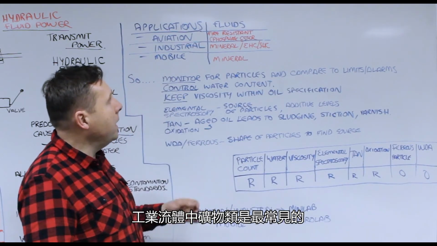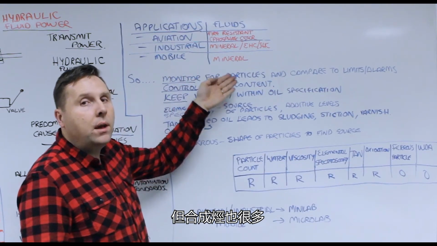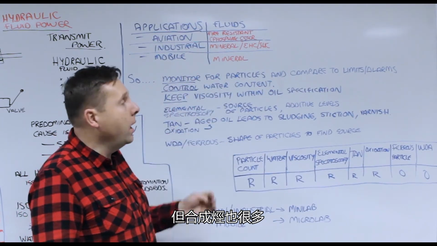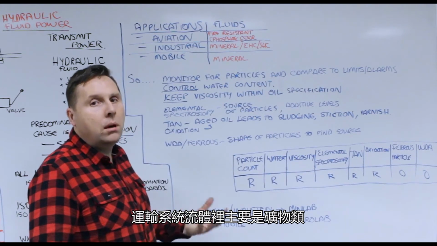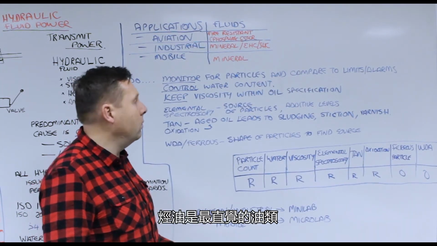For industrial applications, mineral is most common, but we also see synthetic hydrocarbons coming in quite commonly. And in mobile applications, predominantly it's mineral-based hydrocarbon oil, fairly standard, straightforward oil.